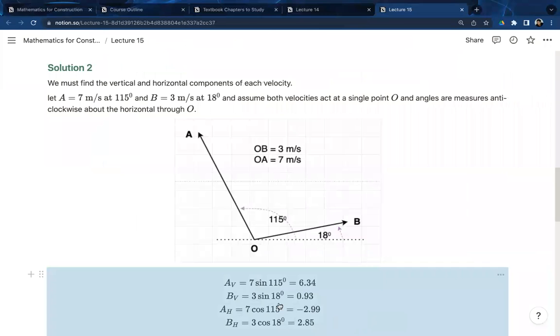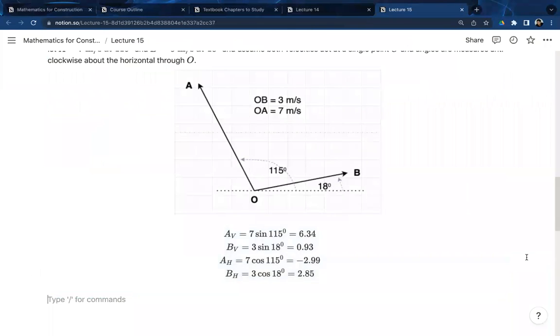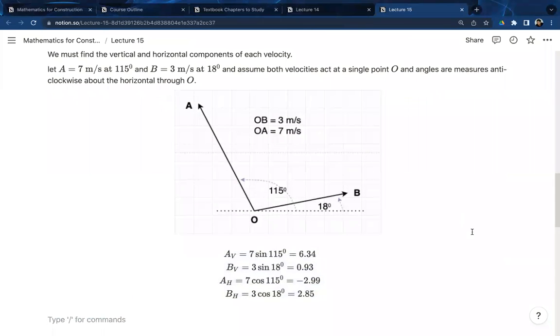Now, this negative component, we take the horizontal to the right as positive, right? So you see this B here, we take to the right as positive. So 7 cosine of an angle less than 90 degrees is a positive thing. Once the angle crosses 90 degrees, cosine becomes negative. That's a property of the cosine curve. So what this means is the horizontal component, 7 cosine 115, is actually pointing left at a magnitude of 2.99.